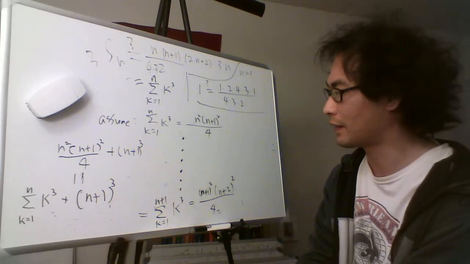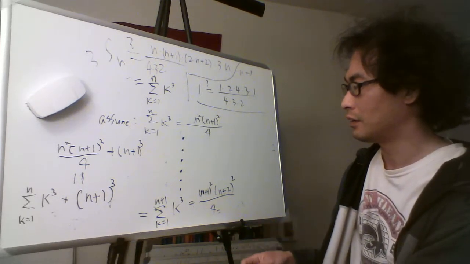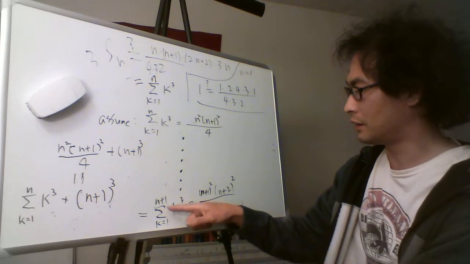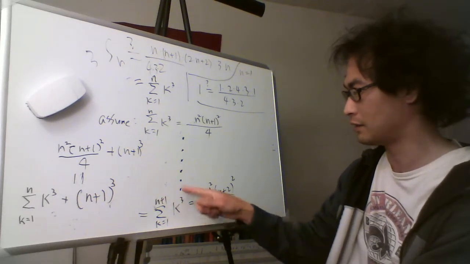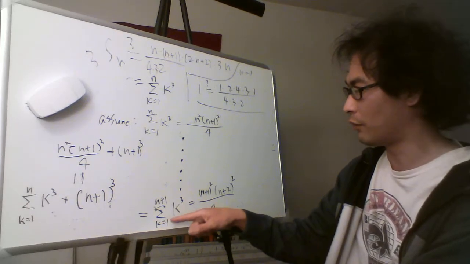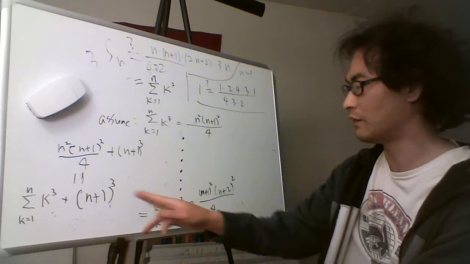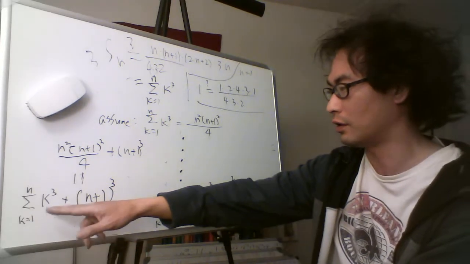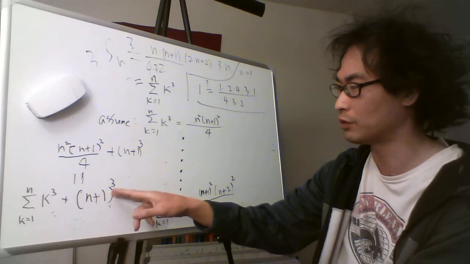So it goes like this. This is when n plus 1 case: K from 1 to n plus 1, k cube. We can divide that into k from 1 to n, k cube, plus n plus 1 cube.